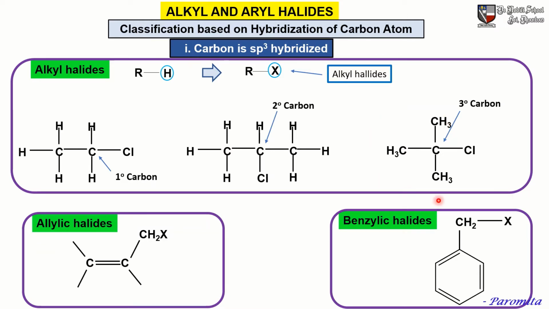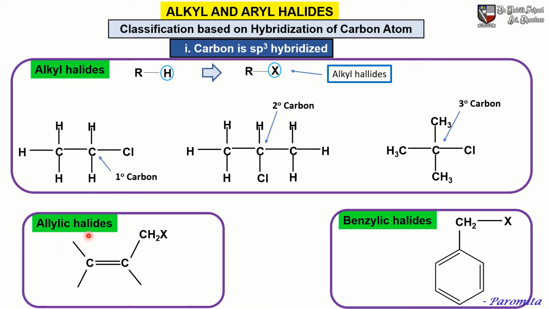Now, in 3-degree alkyl halide, this carbon that is attached to the halogen is connected to 3 other carbons. So this carbon is known as 3-degree carbon, and this alkyl halide is an example of 3-degree alkyl halide. So in all these 3 examples, the carbon that is attached to the halogen is sp3 hybridized carbon.